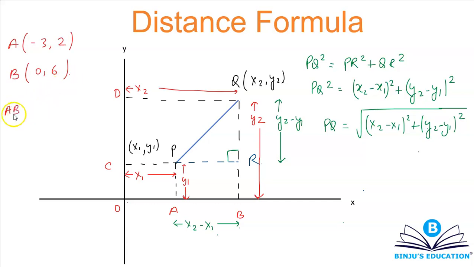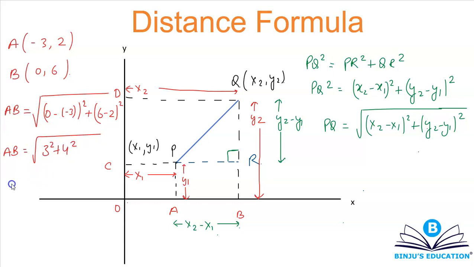So AB is equal to under root of 0 minus of -3 square plus 6 minus 2 square. So AB is equal to under root of 3 square plus 4 square. So AB will basically be equal to 5.